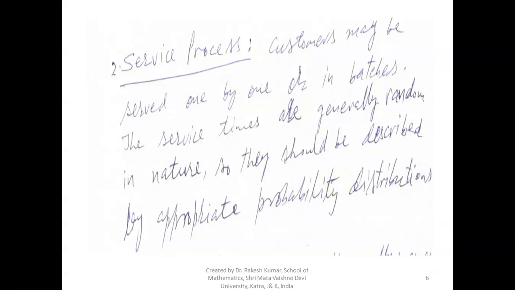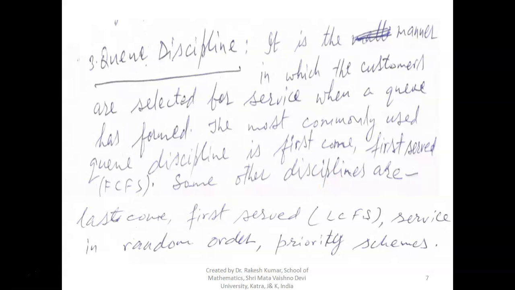Now the service process. The customers may be served one by one or in batches. The service times are often random in nature, so they should be described by an appropriate probability distribution. Next is queue discipline.